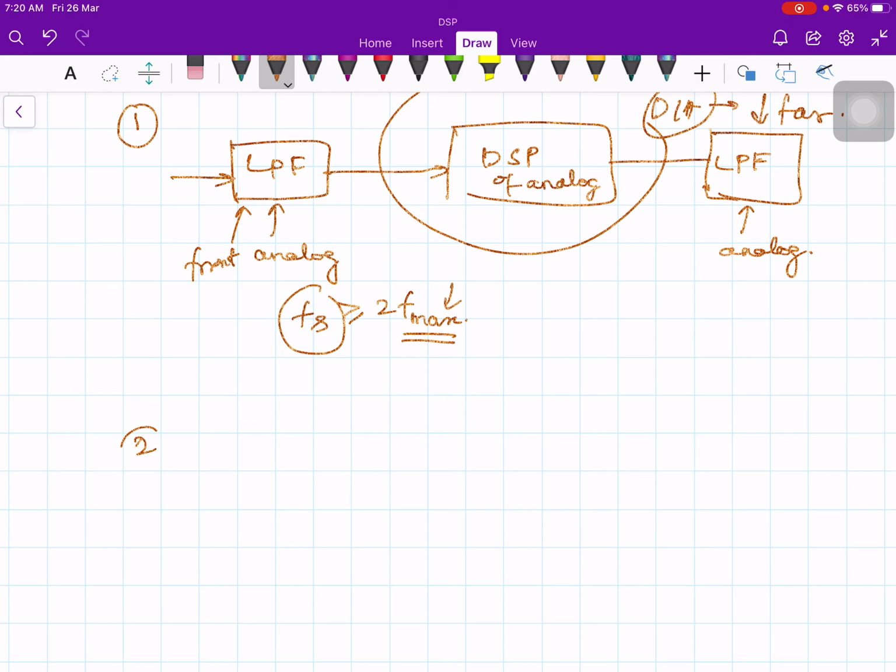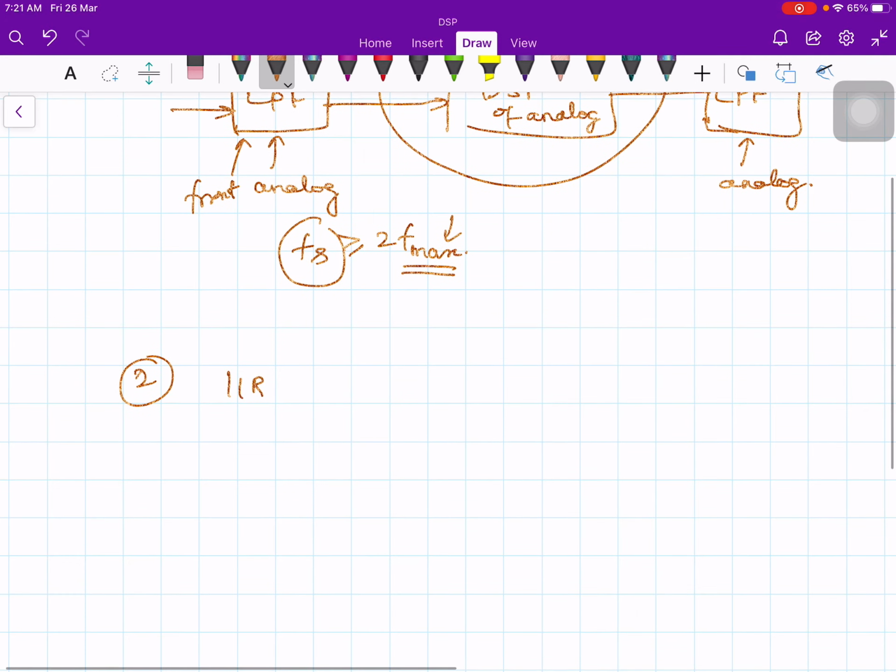And the second motivation is that IIR filter design, one of the most important and useful in practice, is based on analog filter design. So IIR filter design is based on analog filter design using a transformation.